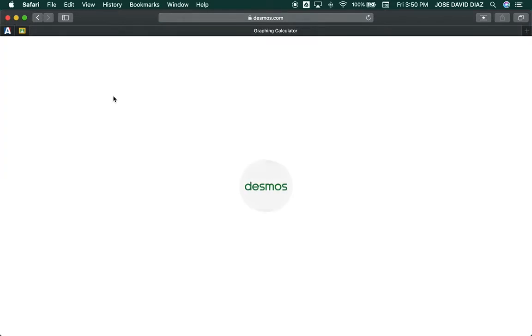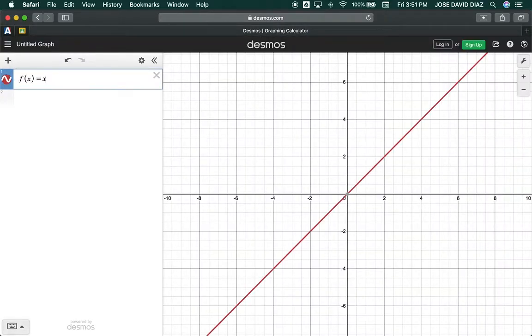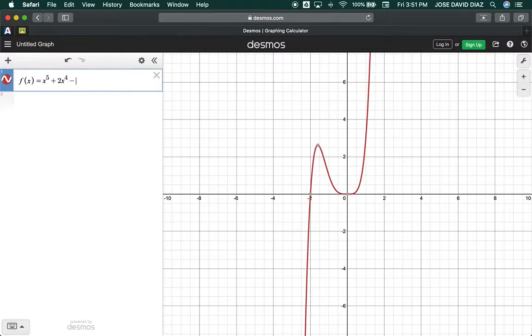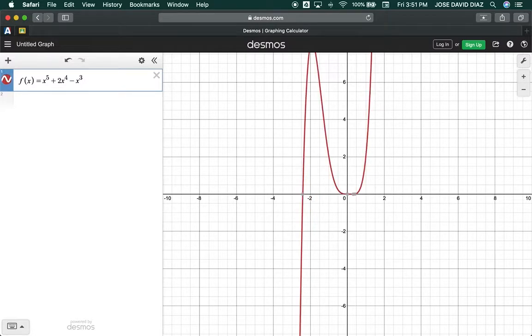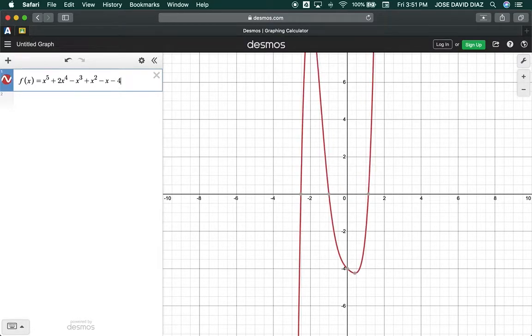I'm going to type in f of x equals x to the power of 5 plus 2x to the power of 4 minus x to the power of 3 plus x to the power of 2 minus x minus 4.